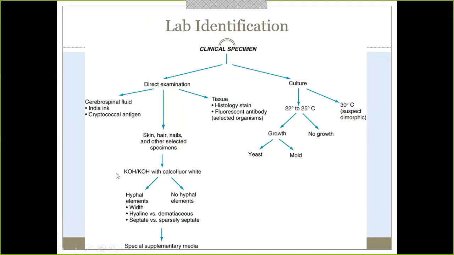It just depends what is growing. If it looks like a yeast, you work it up more like a yeast. If it looks like a fungus on the agar plate when it grows, you work it up like a fungus, which involves definitely microscopic identification. There's a lot less testing to do on a fungus than there is with bacteria. That's probably the beautiful part of it. A lot of it involves just the microscope work.